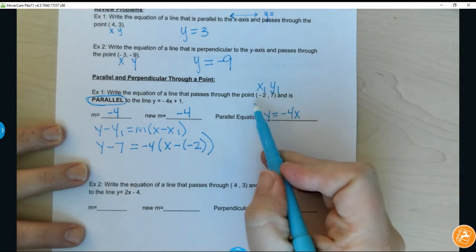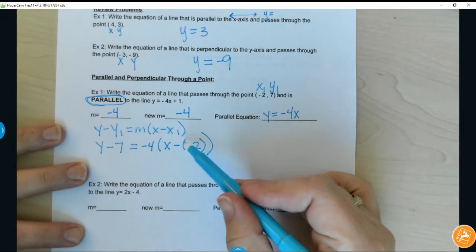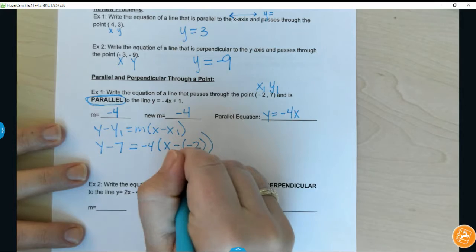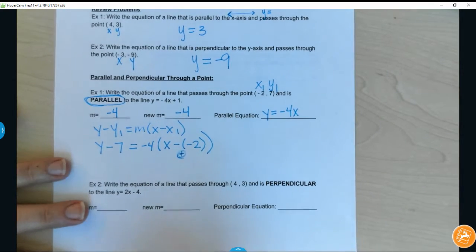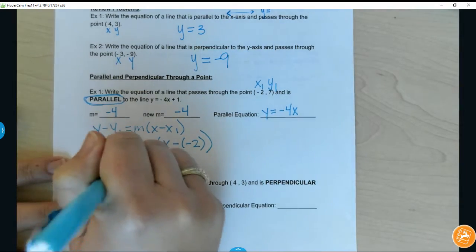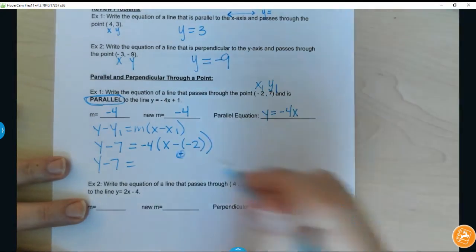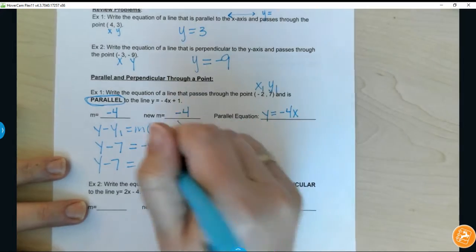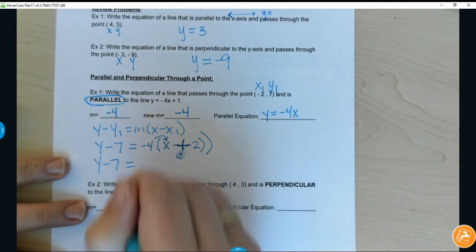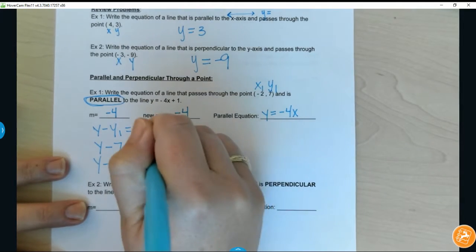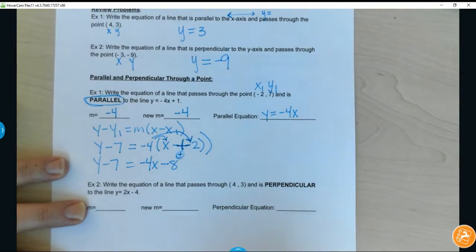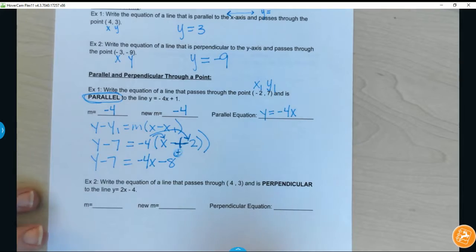And I put parentheses around it just to double check, make sure I know that's minus a negative. So we are thinking that is going to become a positive is what we have to think about. Y minus 7 equals, like I just said, this is going to become a positive. So I'll distribute the -4, and that gives me -4x minus 8. -4 times +2 gives me -8.